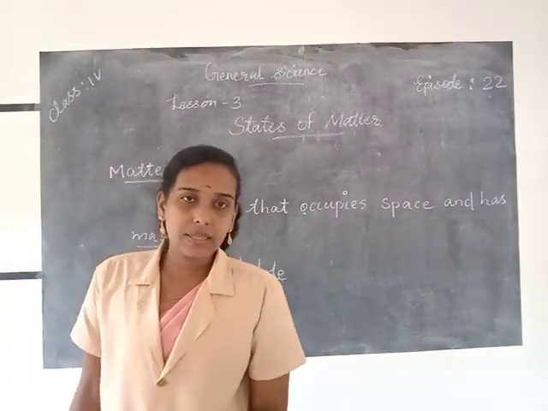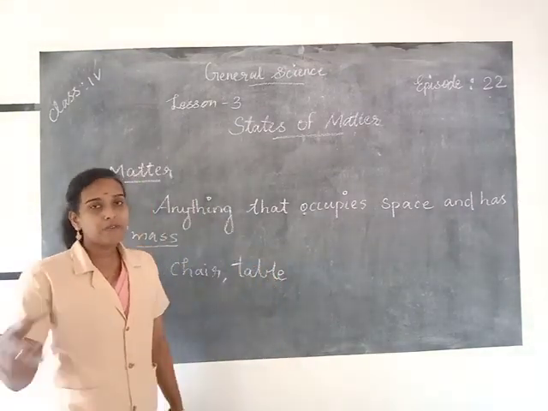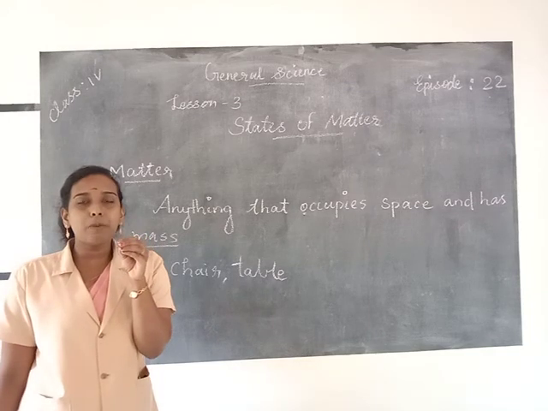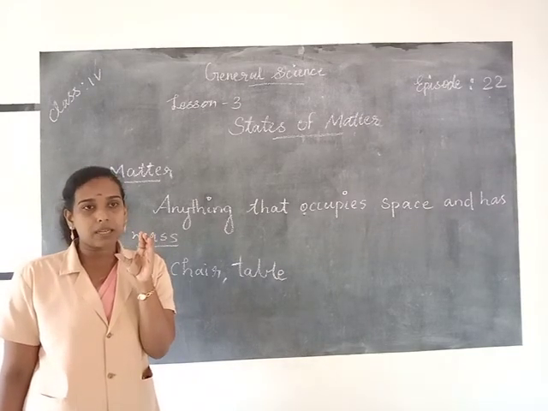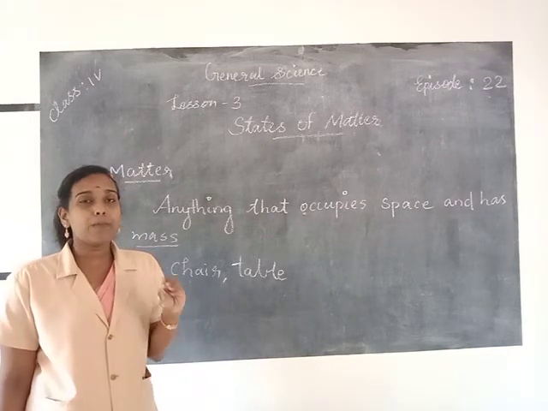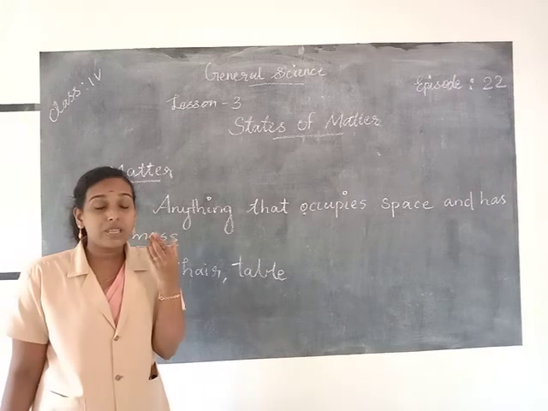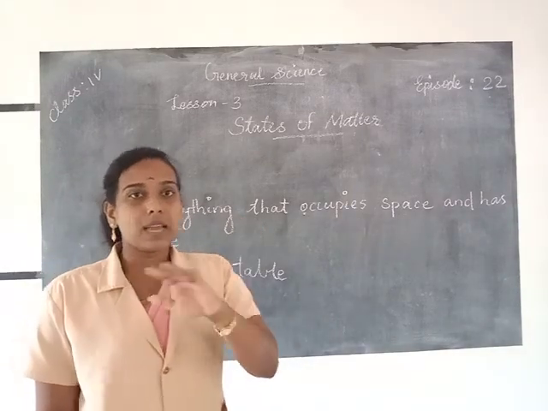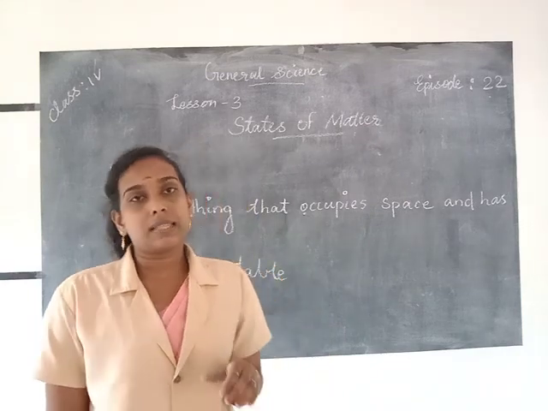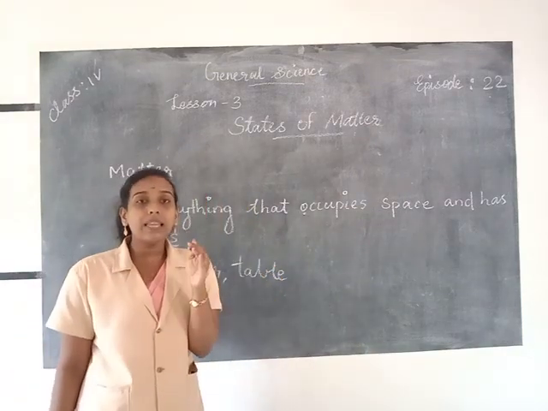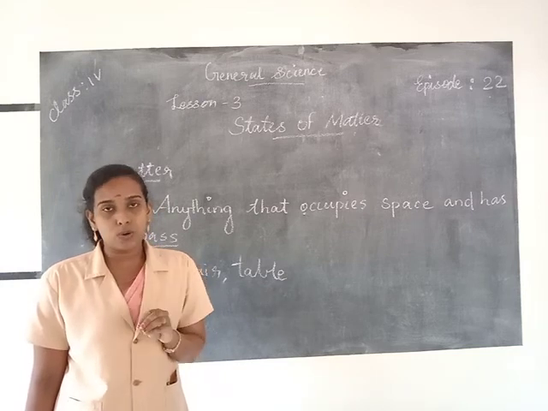Okay, so in this chapter we are going to study different states of matter, and before that, matter is made up of very tiny particles. Tiny means very small. All matter is made up of very small, invisible particles. The invisible tiny particles are called molecules.